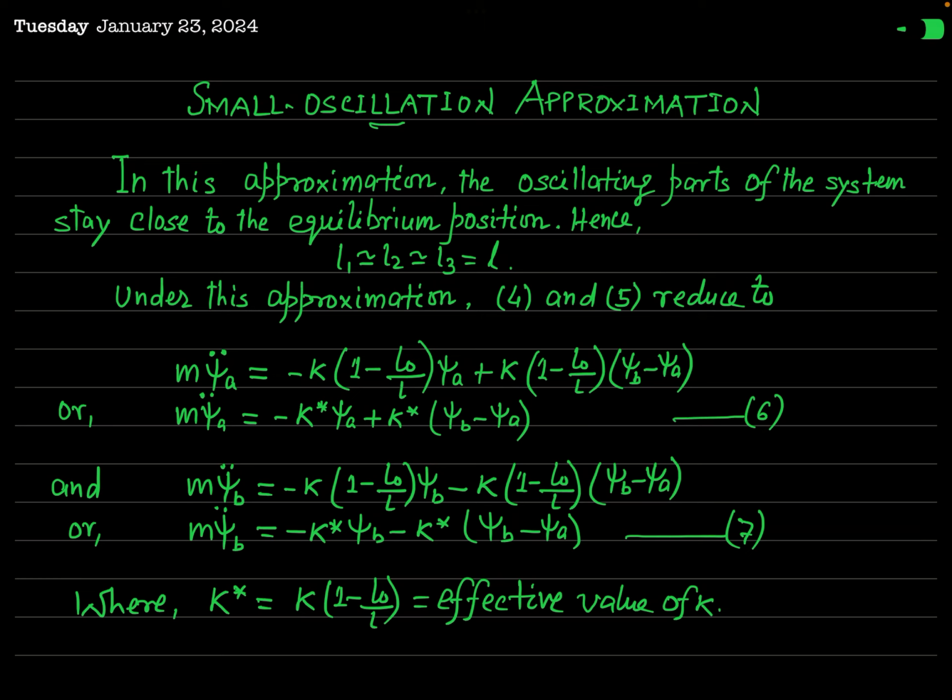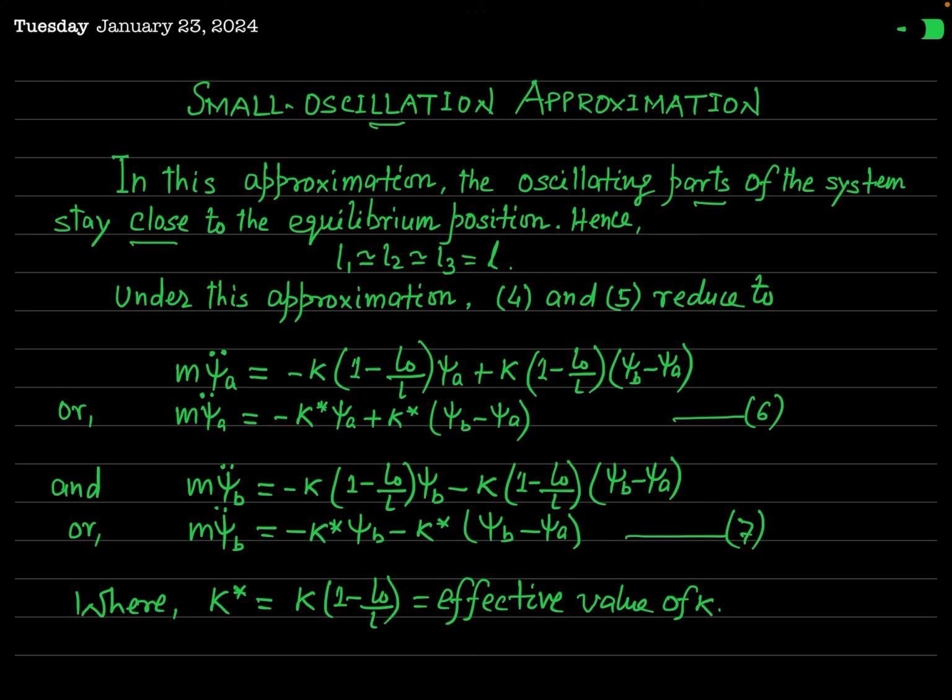It means the oscillation takes place in the vicinity of the equilibrium position. So in this approximation, the oscillating parts of the system stay close to the equilibrium position.